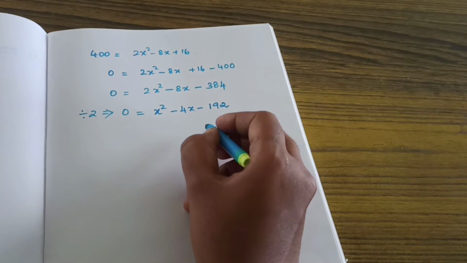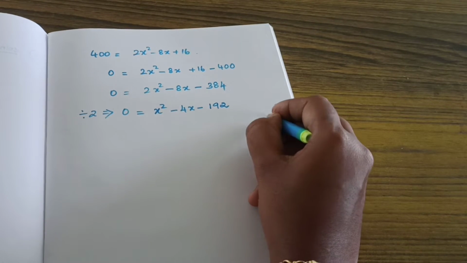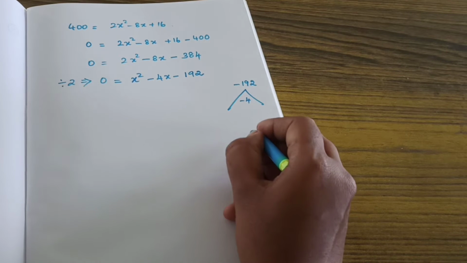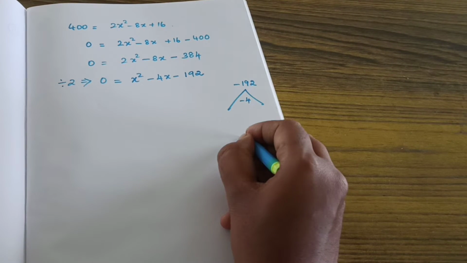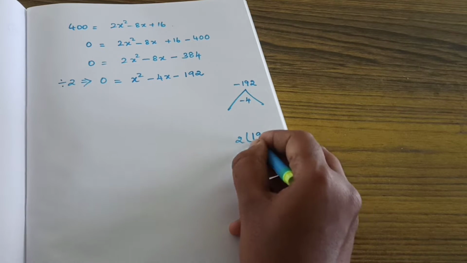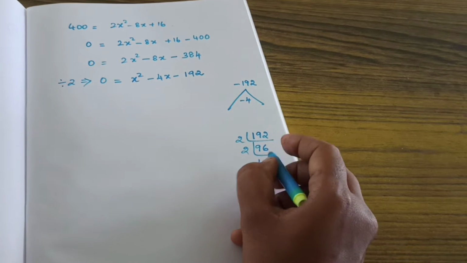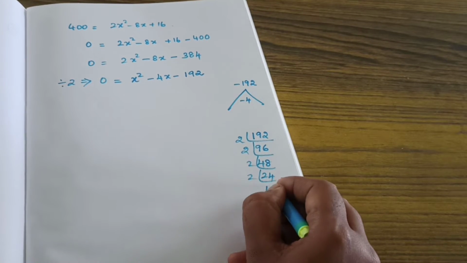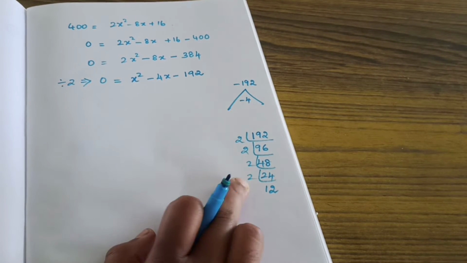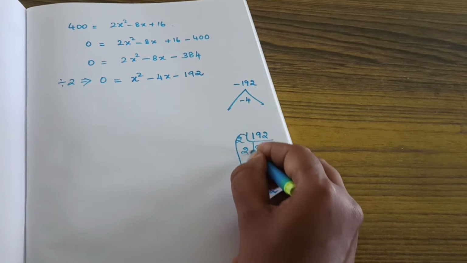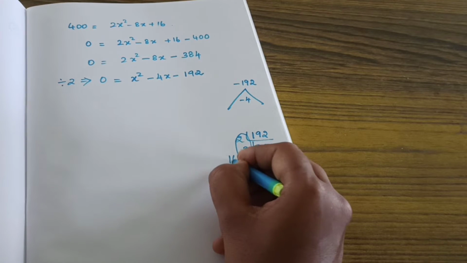Okay, now we need to factorize this. The multiplication factor is minus 192, the addition factor is minus 4. Guess the numbers. When we factorize 192, we get 16 and 12.